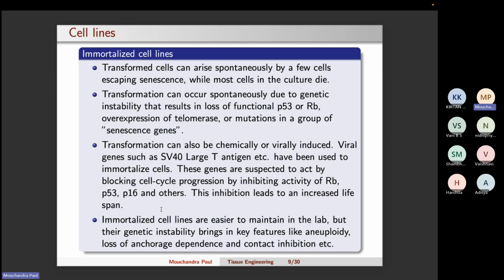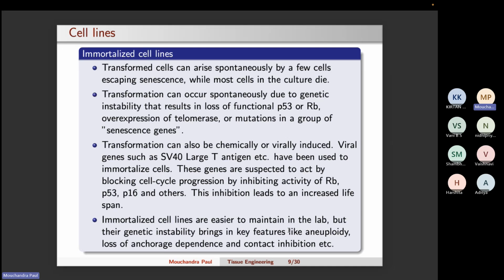Immortalized cell lines, as I said, are easier to maintain in the lab, but due to genetic instability, one of the key features in this type of cell line is aneuploidy. If you remember Down syndrome, there is a trisomy of chromosome 21.